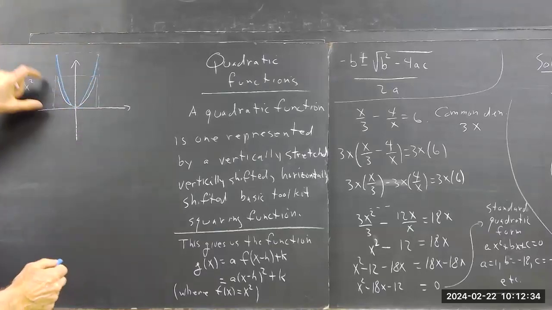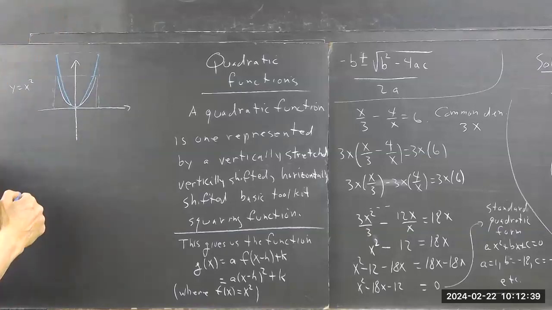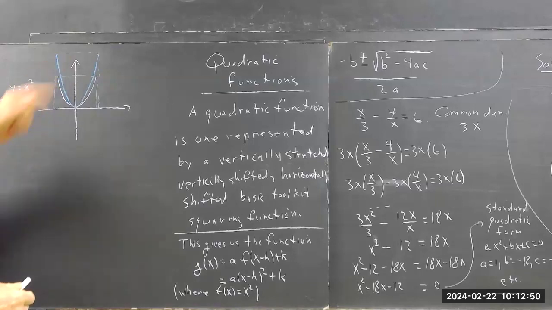If a is bigger than 1, then it's going to get bigger. If a is less than 1, then it's going to get smaller. And if a is negative, it's going to flip over onto the other side of the x-axis. Well, we'll address some of that, but this is the basic scheme.